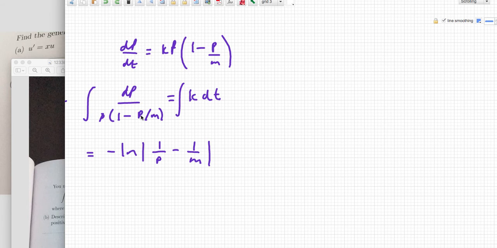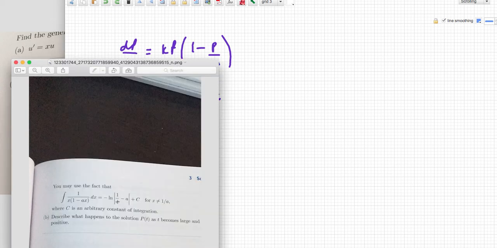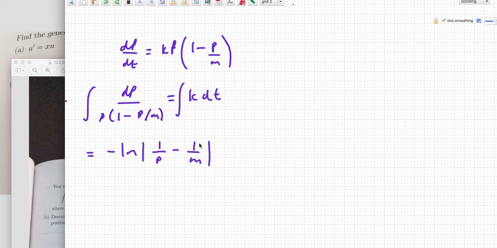So p is the variable, but instead of ap, it's 1 over m times p. As a result, the answer is minus log of 1 over p, because x is p here, minus a, and a was 1 over m. So that's it there, and we can keep going like this.